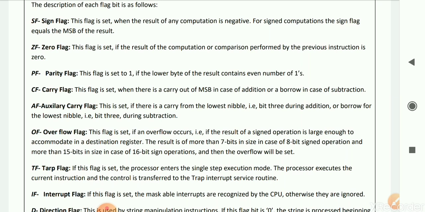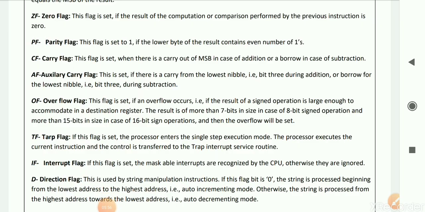If this flag is set in the flag register, the processor enters single-step execution, that is, control is immediately transferred to the ISR, the interrupt service routine, and the execution is performed in a single step. So when this flag is set, the trap will be serviced.